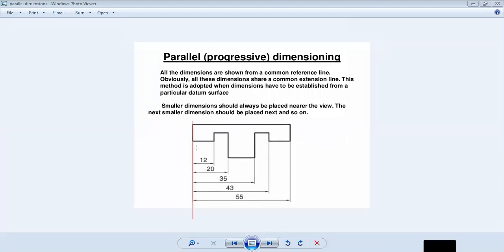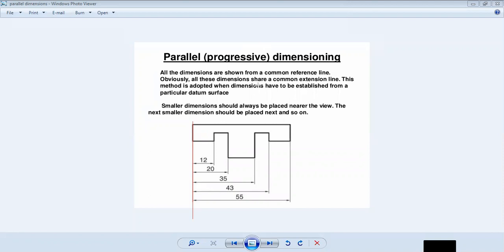Every dimension is shown from this line. All the dimensions share a common extension line. This method is adopted when dimensions have to be established from a particular datum surface. If you are told the dimension has to be from a particular datum, this is the datum for this problem. Here also smaller dimensions should be inside, and then we should start with the longer dimensions.